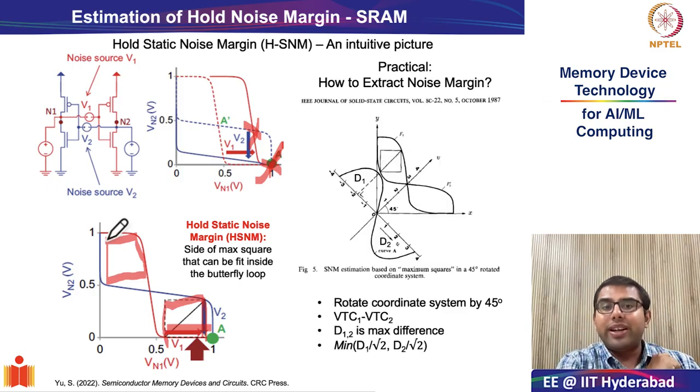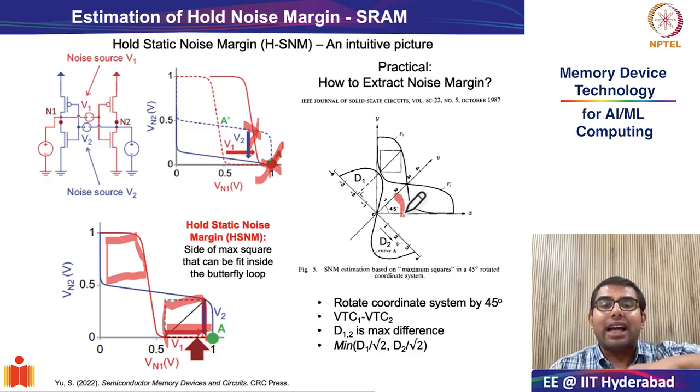Now, a practical question could be, if you have a VTC graph given to you, how do you practically extract the hold noise margin? And the way to do that is very simple. You take the coordinate system and rotate the axis as shown in the figure by 45 degrees.